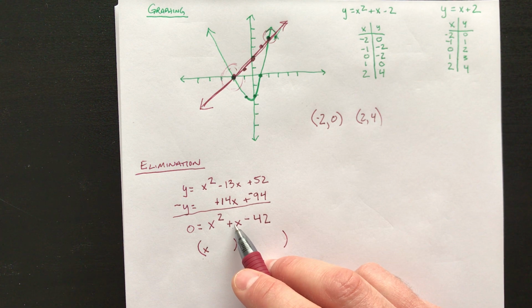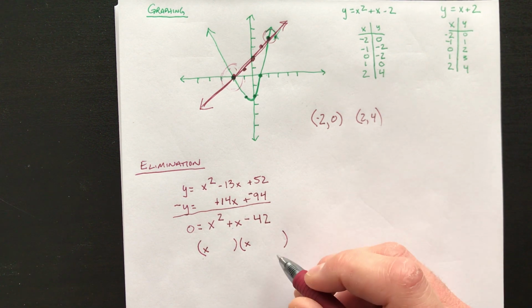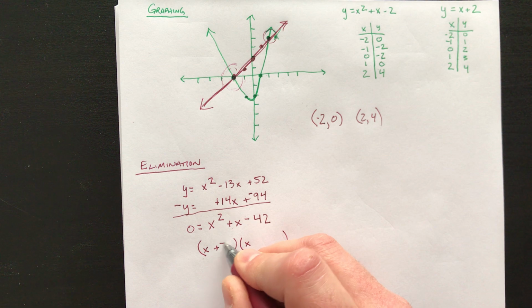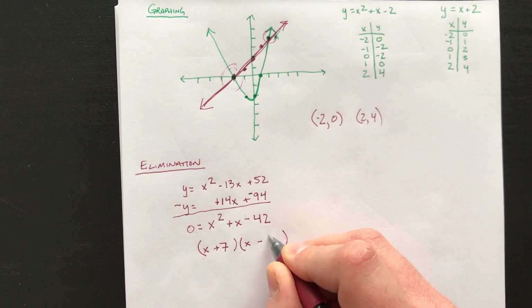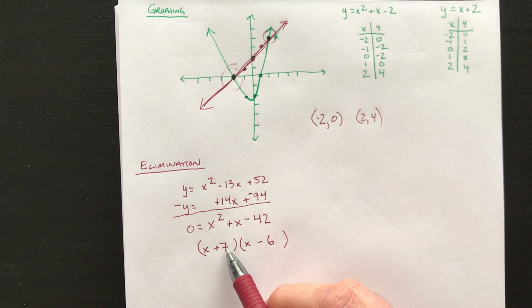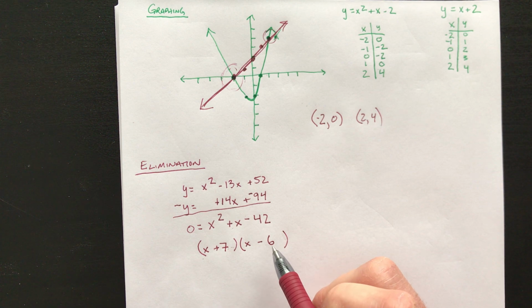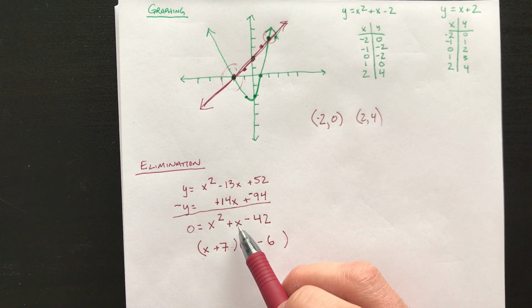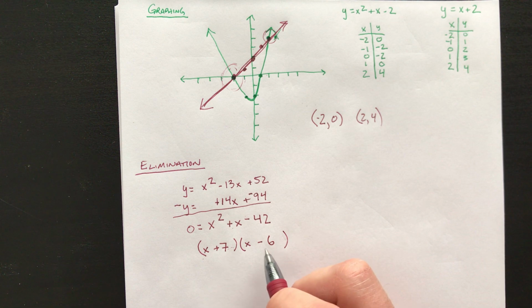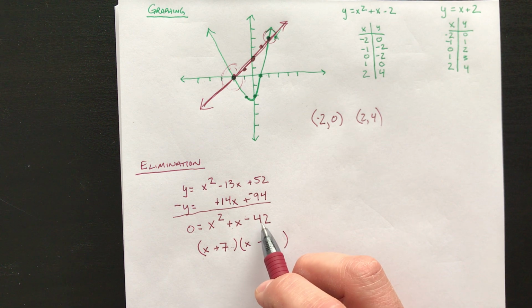Well, 7 and 6. One has to be negative, one has to be positive. You want the 7 to be positive and the 6 to be negative, because positive 7 minus 6 will give us the 1, and then positive 7 times a negative 6 will give us the negative 42.